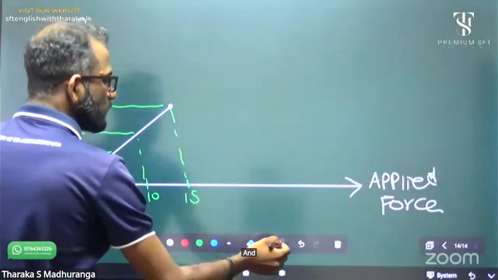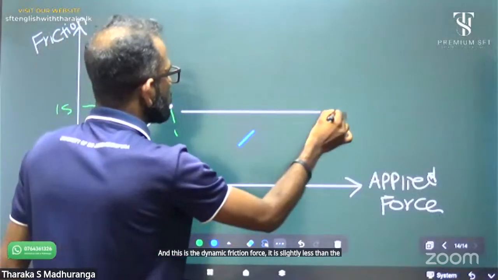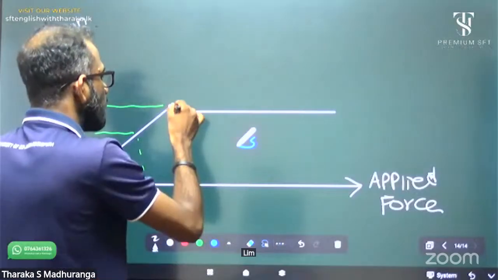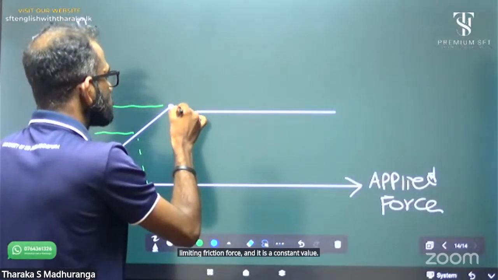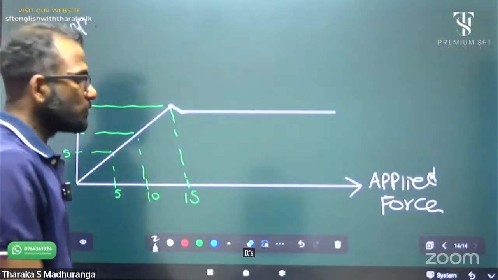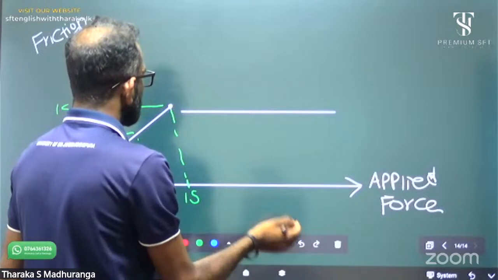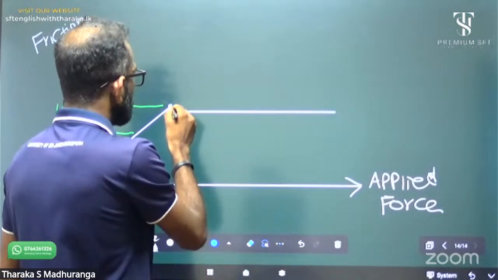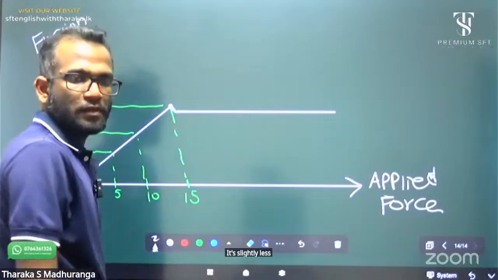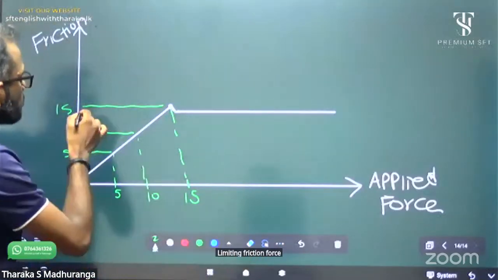And this is the dynamic friction force. It is slightly less than the limiting friction force, and it is a constant value. According to our example, it is 40.